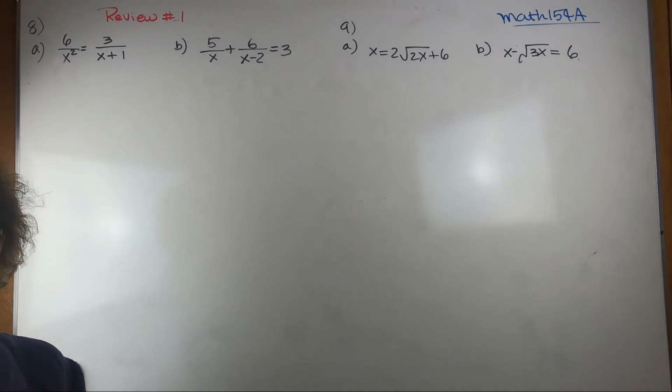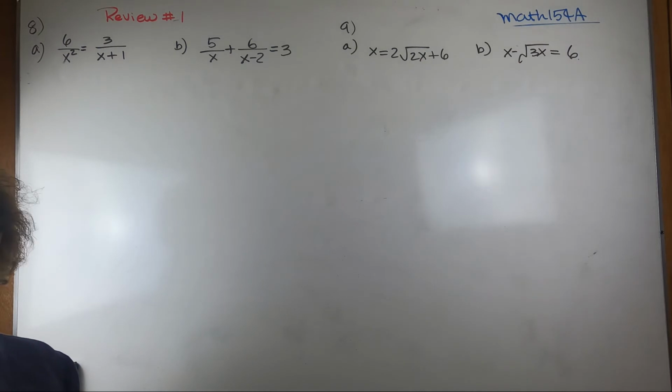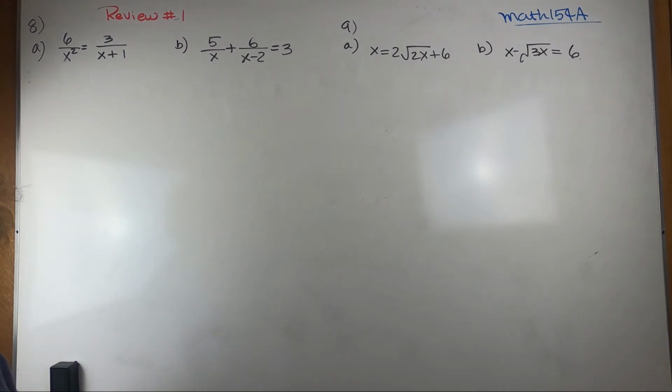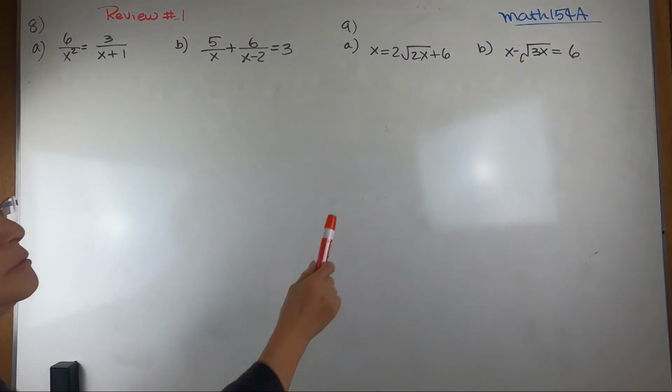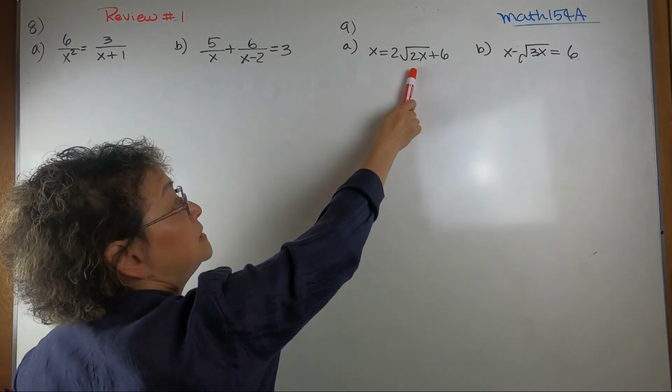Okay, let's review some rational equations and radical equations. Let me double check if I write the question down correctly. So we said those things have restrictions, right? Inside the radicals cannot be negative, right?